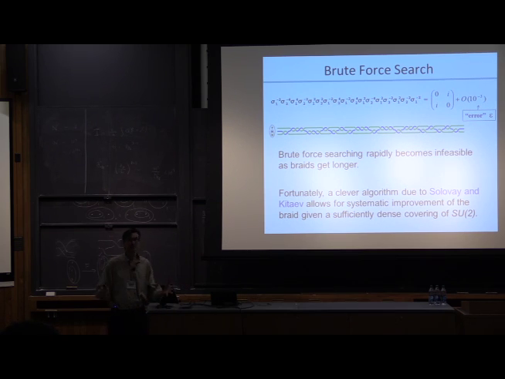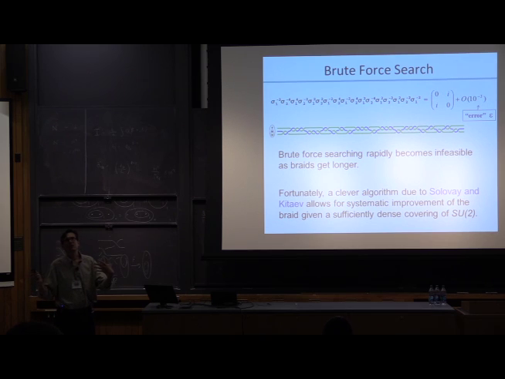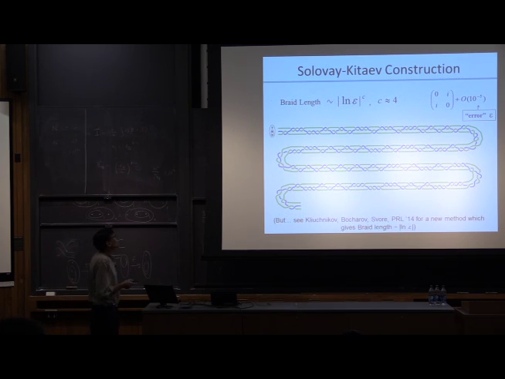Given a sufficiently dense covering of SU(2), as I just showed you, once you have a dense enough library of braids, what the Solovay-Kitaev algorithm tells you is how to take these braids and sew them together in a clever way, so that you can improve the accuracy systematically, without having to do a deeper brute force search. You can just live within that library. So, for example, this is one iteration of the Solovay-Kitaev algorithm for this braid here.